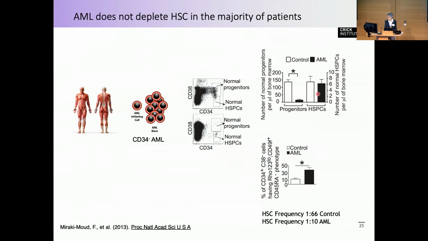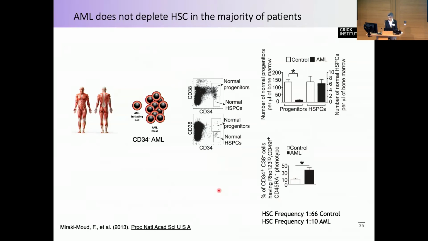What was interesting to see is that in AML, compared to normal control individuals, there was a decrease in progenitors, but the pool of normal stem cells was actually very similar to normal situations. And when he went a little deeper into the phenotype of the purest hematopoietic stem cells, compared to normal, there were actually, quantifying-wise, more residual normal stem cells in patients with AML.